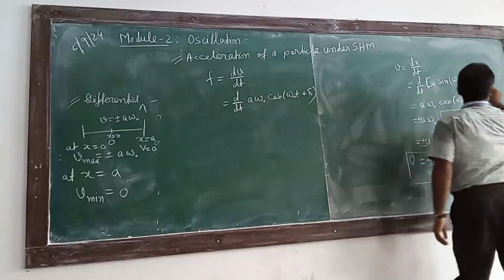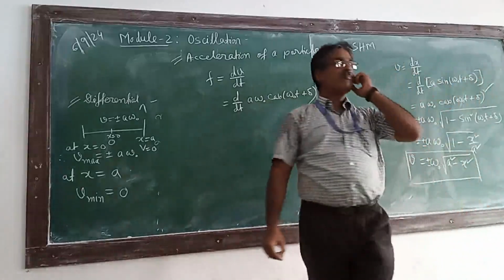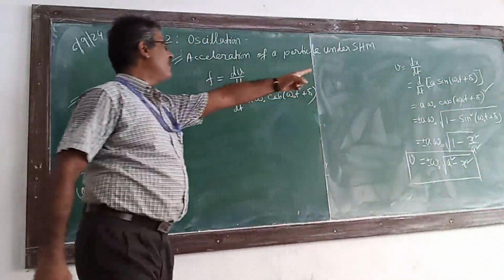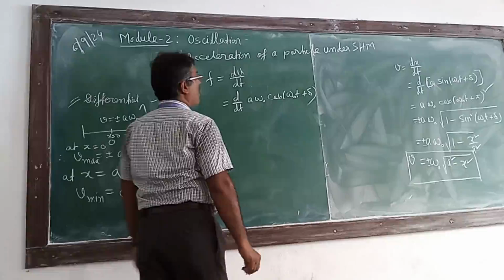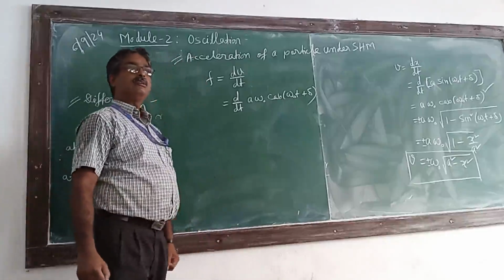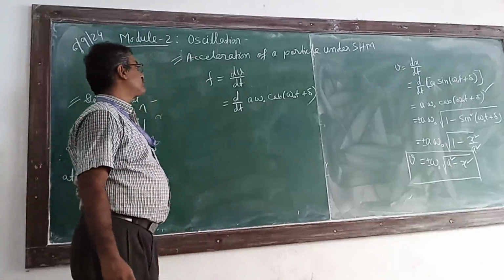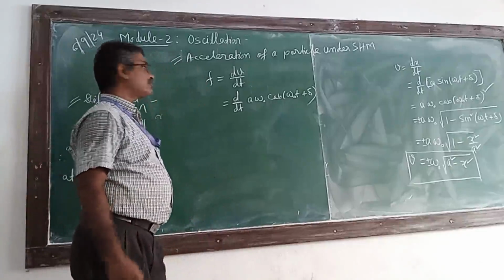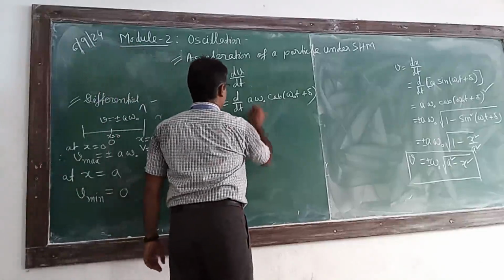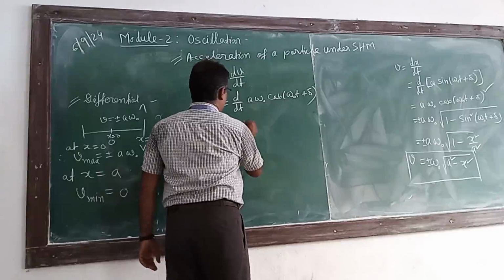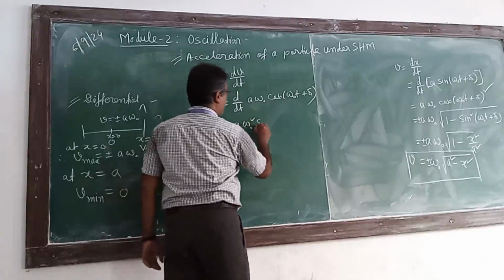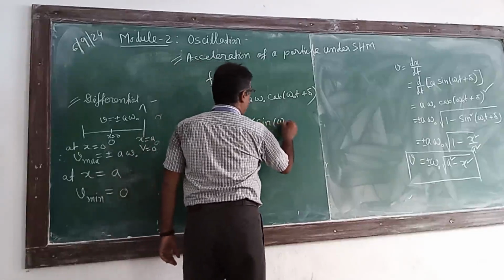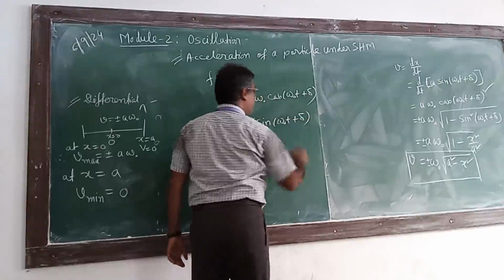This one. So this is equal to minus a omega naught square sin(omega naught t plus delta).